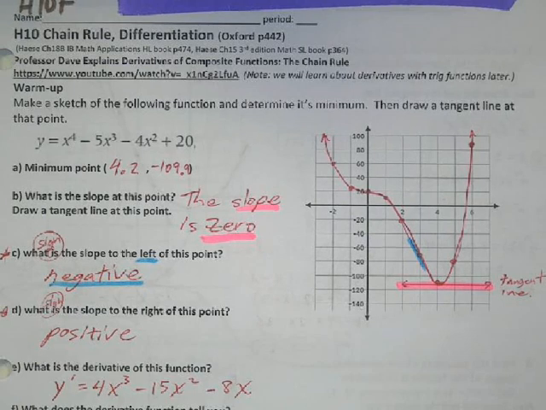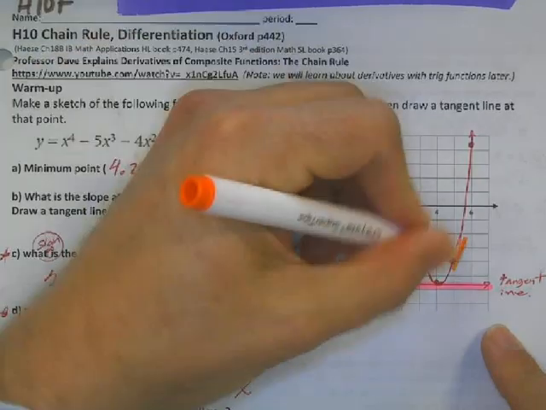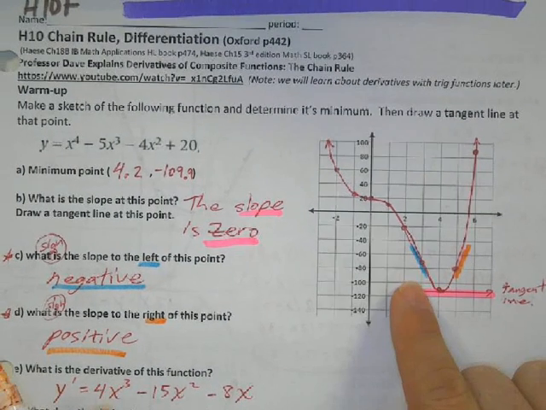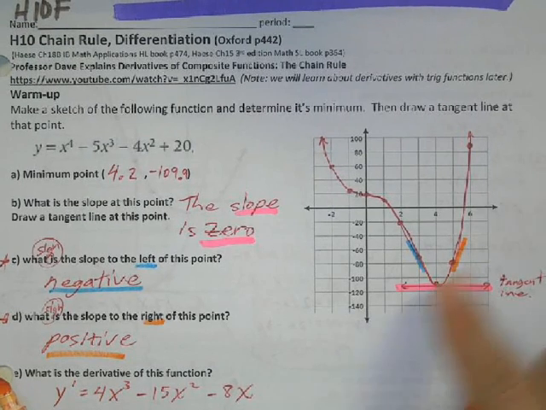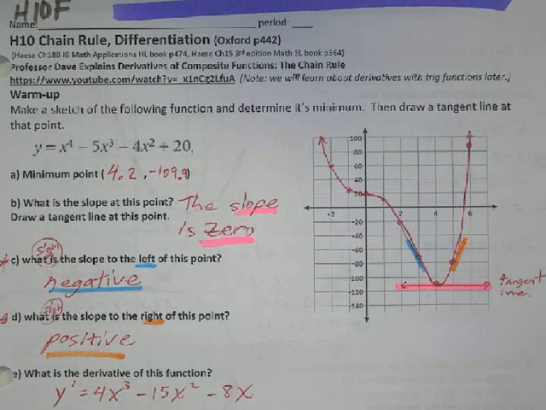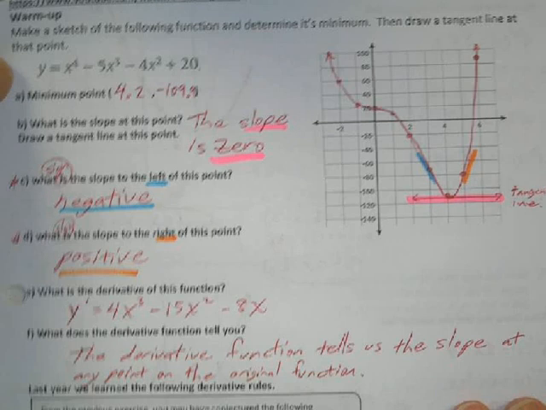To the right of this point, you can see the slope is positive. So if I go from a negative slope to a positive slope, at the minimum we've got a slope of 0. This should be reviewed from last year when we did our introduction to derivatives.